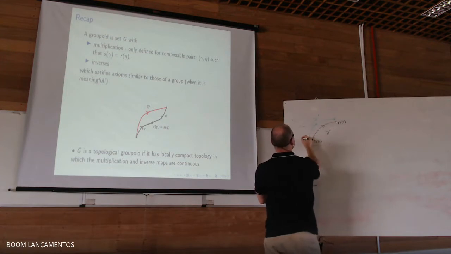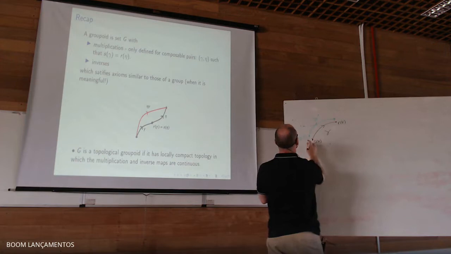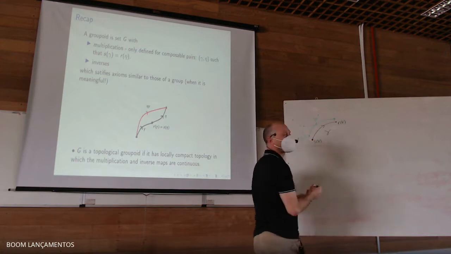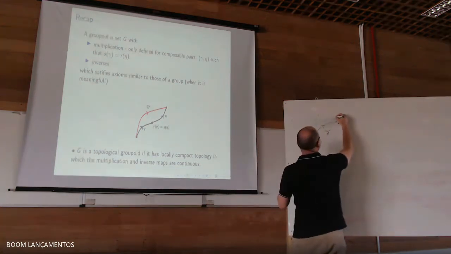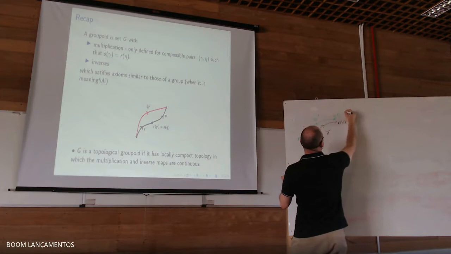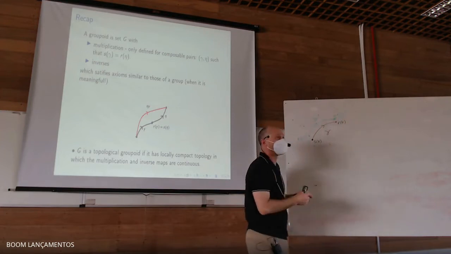So here we would have the source of gamma inverse and, oh, sorry, I beg your pardon, the range of gamma inverse, and that would equal the source of gamma. So this is actually an important property, right? And the same for the source of gamma inverse, that's equal to the range of gamma.